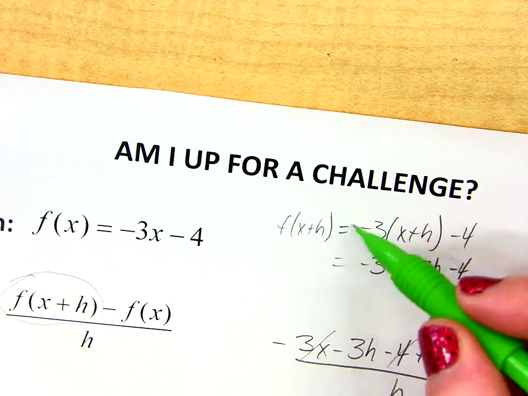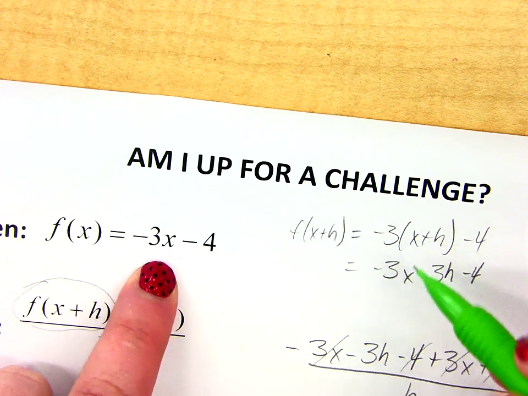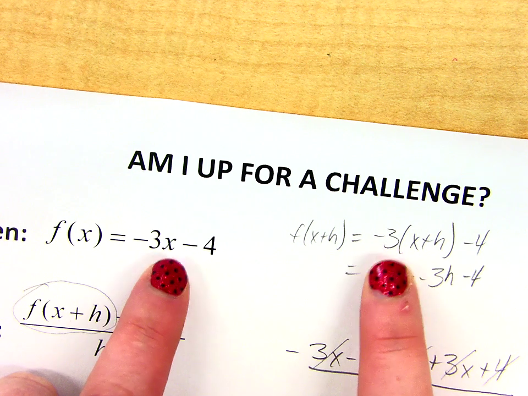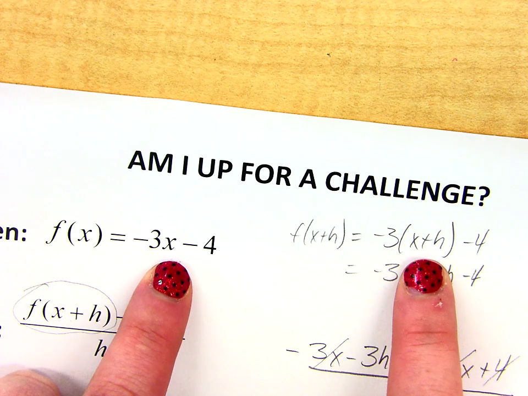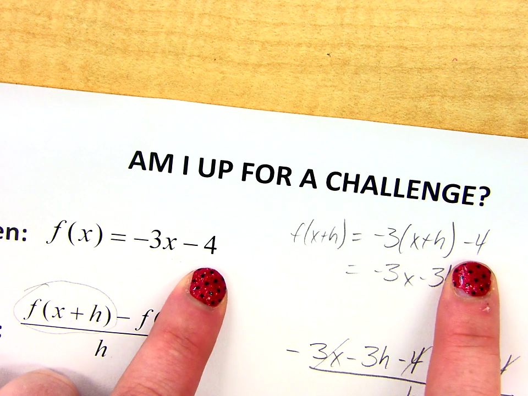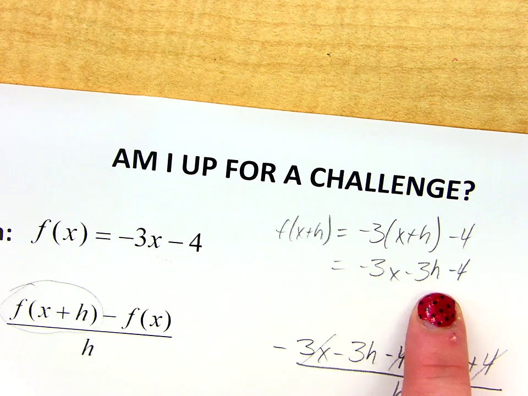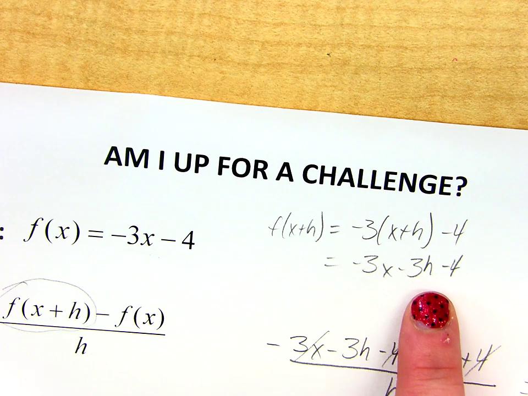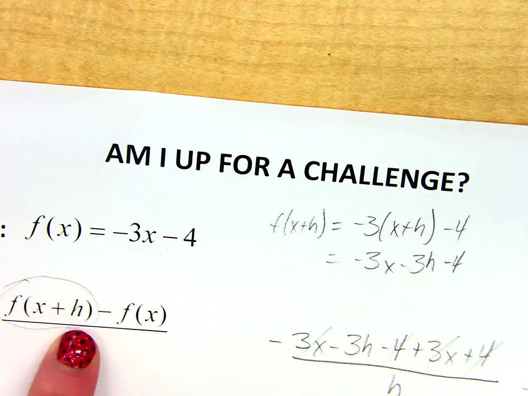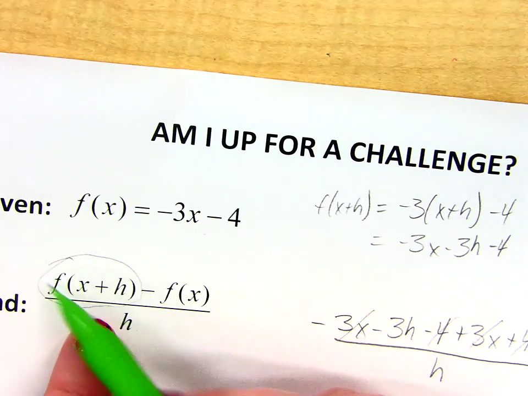I found f of x plus h. So, there's f of x plus h. I did -3, and then instead of writing x, I wrote x plus h, because that was what was in the parentheses. And then I have a -4. When I simplify that chunk, this is what I get: -3x minus 3h minus 4.